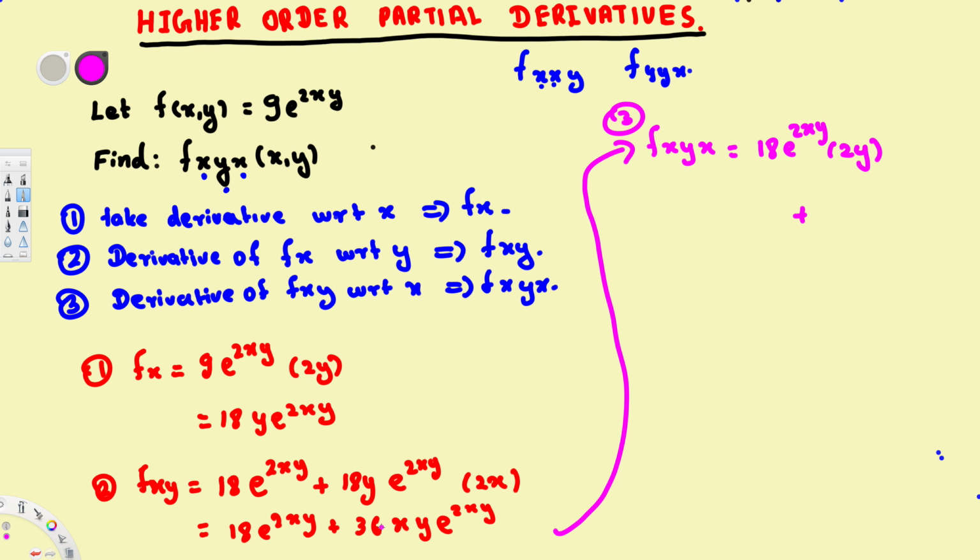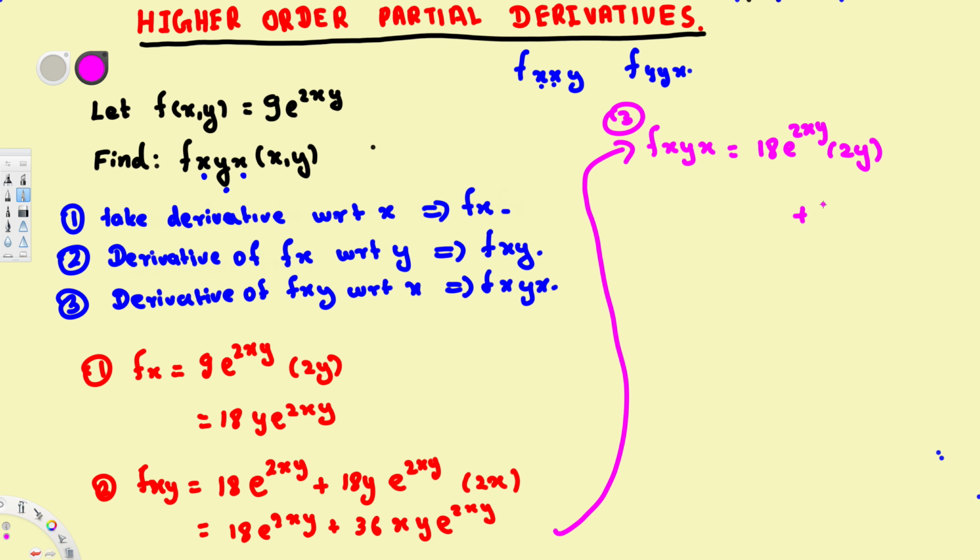The next one is 36xy e power 2xy, and this is going to be product rule, because we have x function twice, so we have to do the product rule. And if you do the product rule, we take the derivative of this one first and keep the other one as it is.